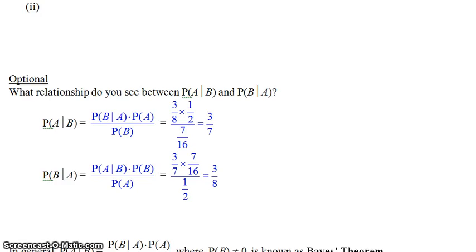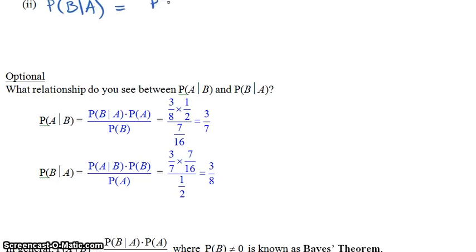Question 2 turns the probability around. What is the probability that at least one dice lands on a 3 given that the score is even? So this time we're asked to find the probability of B given A. Well, we still start out the same way.